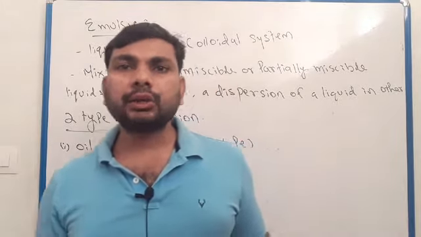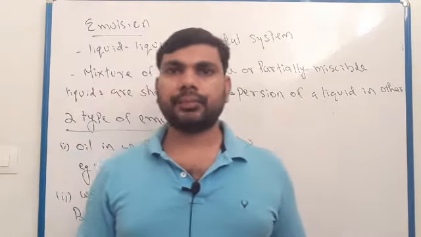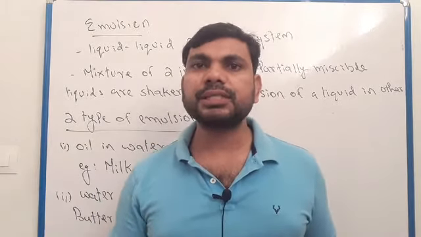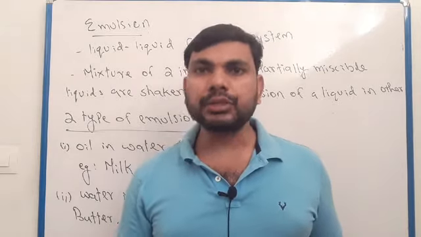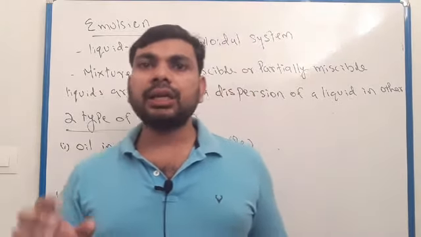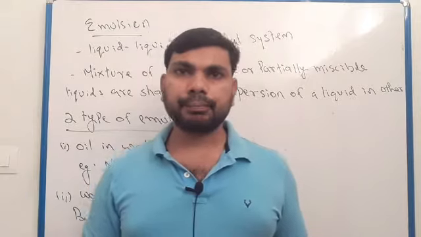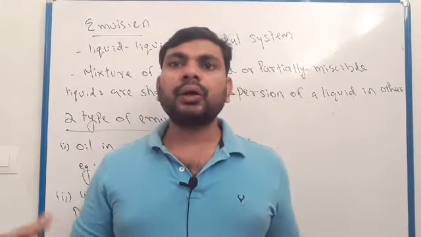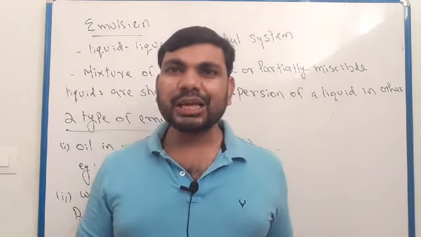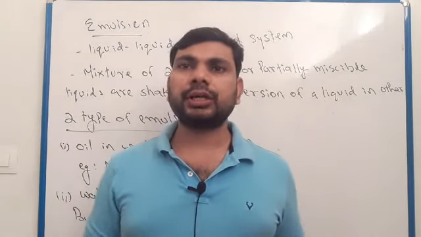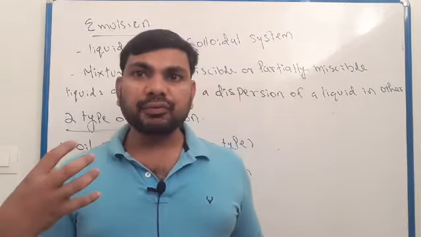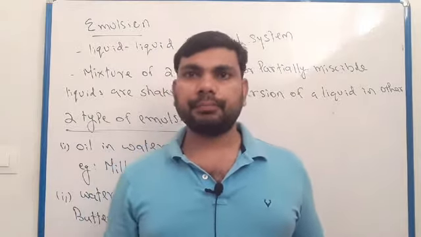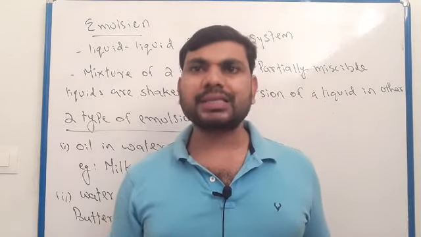Okay, next one we have to discuss here is emulsion. Emulsions are liquid colloidal systems. In emulsion, dispersed phase and dispersed medium both are in liquid state. When we mix two immiscible liquids or two partially miscible liquids, one of the liquids will disperse in another liquid and form a colloidal system.